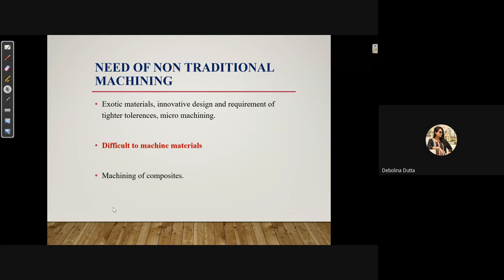Other than that, suppose I have to make an intricate shape or a blind hole.